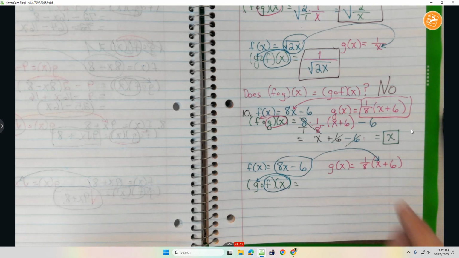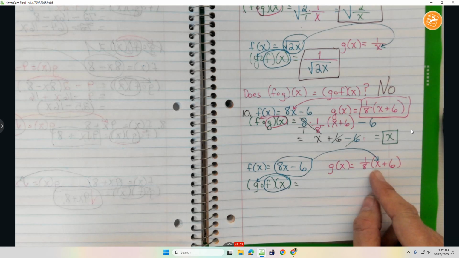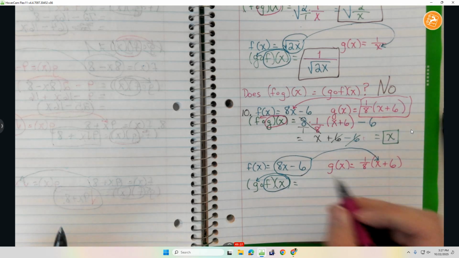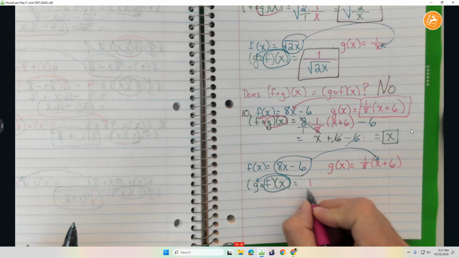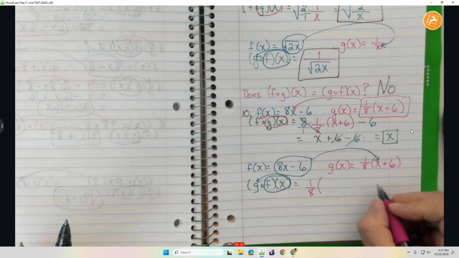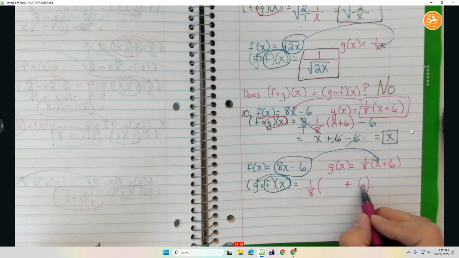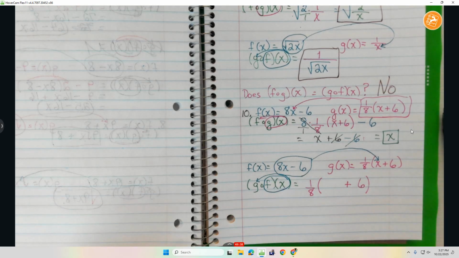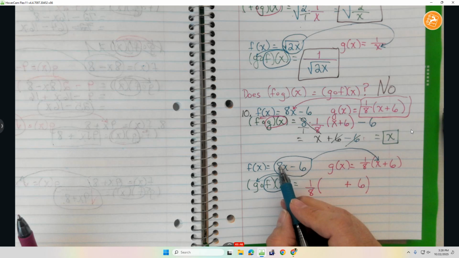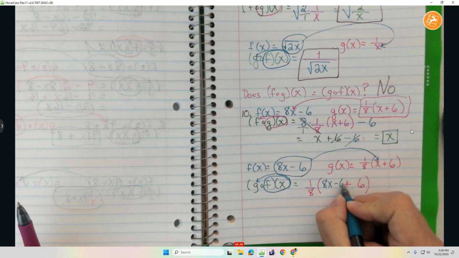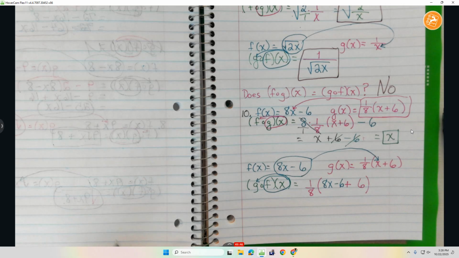So in place of the pink x, I'm going to put the blue 8x minus 6. So I'll have the pink 1/8, don't forget it, and then the pink parentheses, plus 6. In place of this pink x, I'm putting the blue 8x minus 6. And this is all going to simplify really nicely.